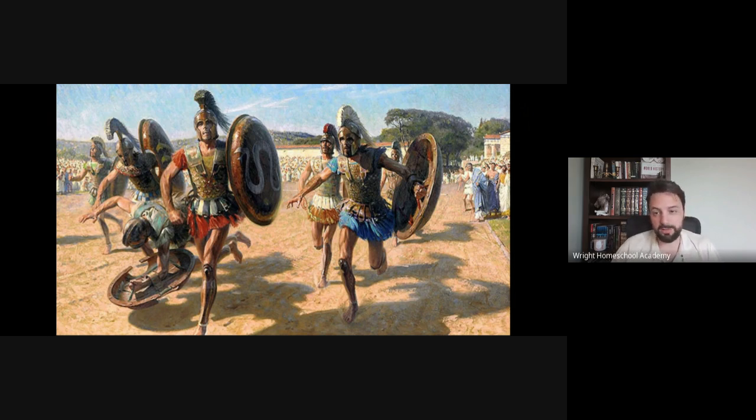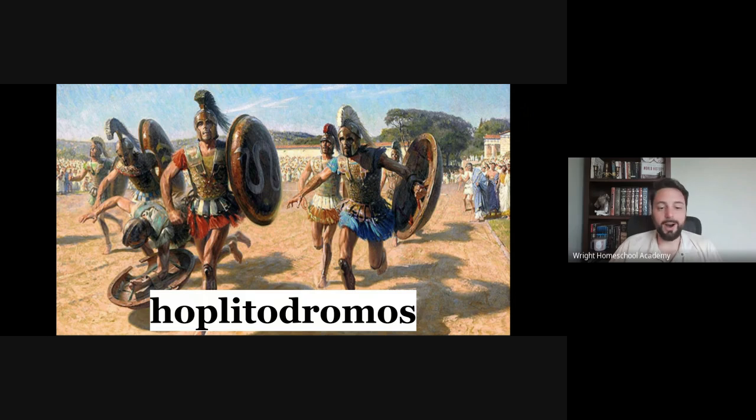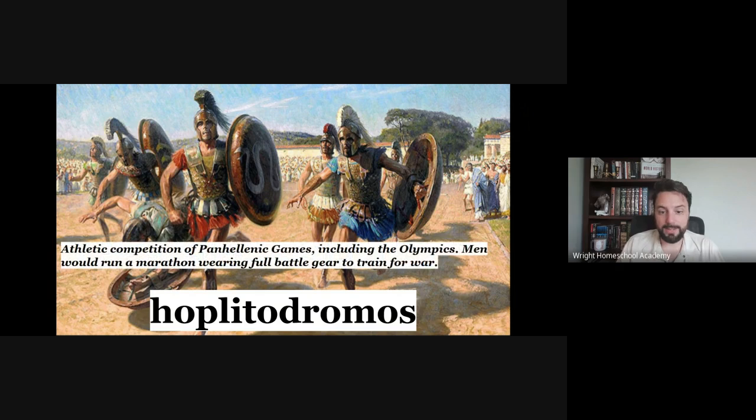Do you remember what it was called? I mentioned it earlier. That's right. It was called the Hoplitodromos, basically the running race of the hoplites, because they had to carry their big, heavy hoplon shields and wear a full suit of armor while they were running in the heat. So that sounds like a pretty difficult feat to perform.